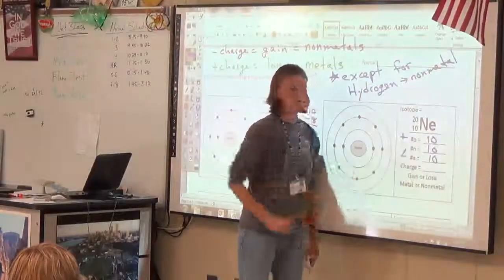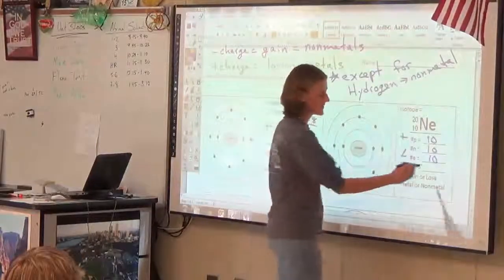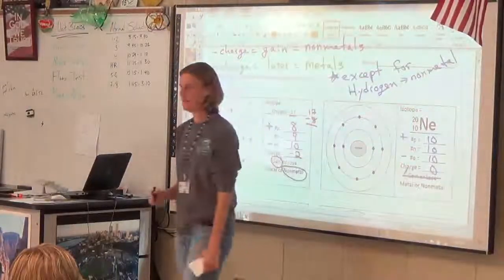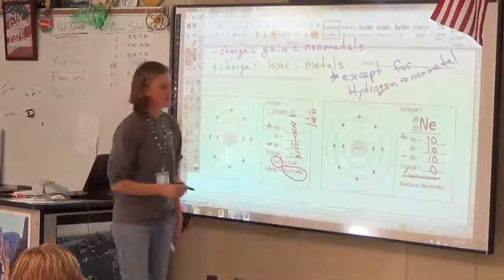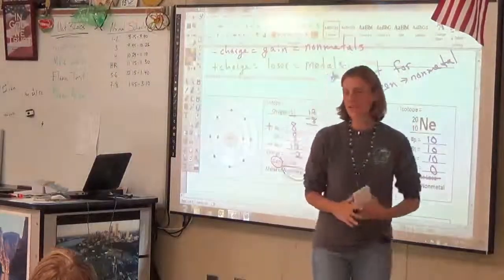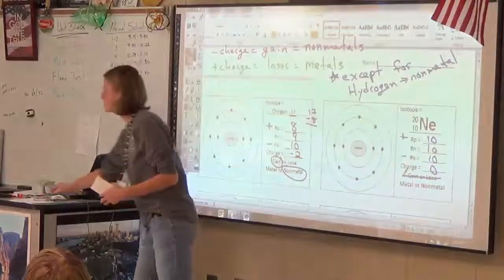So in this case, what's the charge? Neutral. I got 10 pluses and 10 minuses, so that balances out. So you have to cross that out. There is not a gain or loss answer there. Neon did not gain or lose. Neon was already stable as is. And that was true for any element in what column did we say?